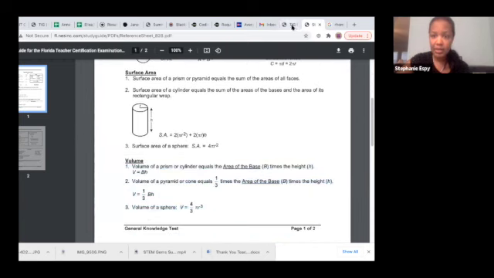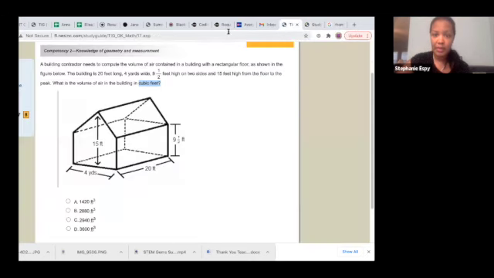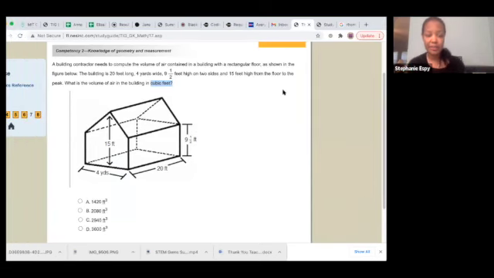Okay, so let me go back to the question. Take a few minutes and see if you can calculate the volume of this diagram, which tells you the volume of the air of the building in cubic feet.